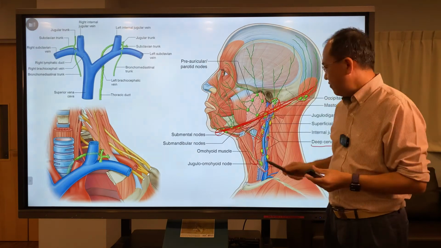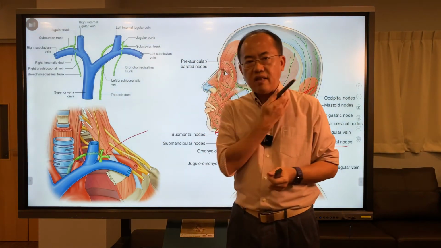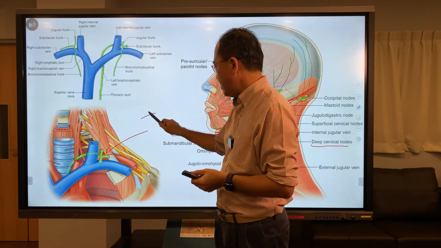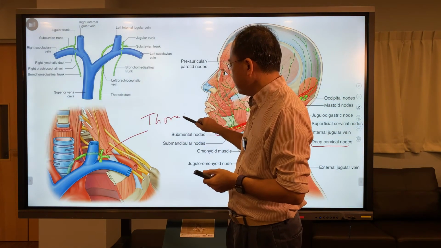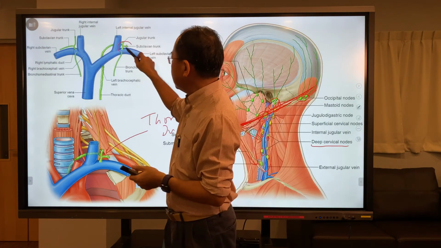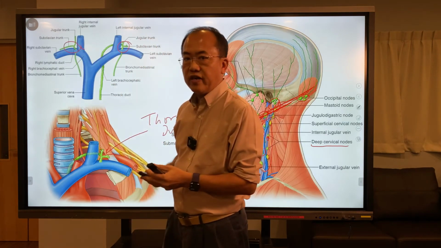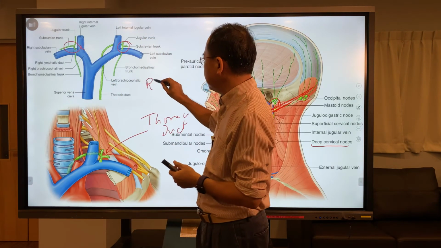And finally, from the deep cervical lymph nodes, they will drain on the left side to the thoracic duct, and on the right side, they will drain to the right lymphatic trunk.